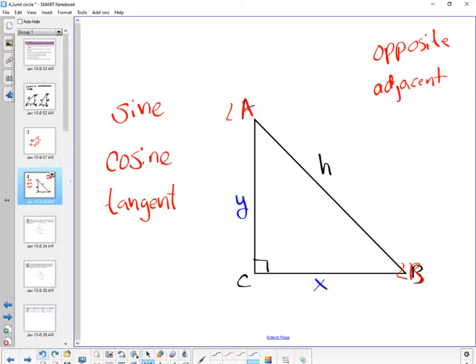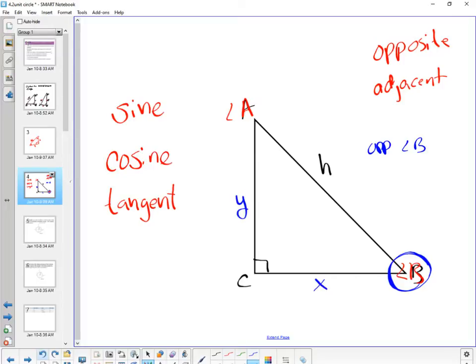Okay. So, if I'm looking for the side that's opposite of angle B, I'm looking from here, aren't I? This is my point of view. Which side is opposite? That one is, isn't it? Is this one opposite? No. How about this one's adjacent?